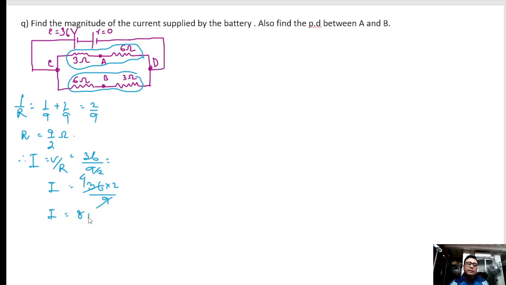So 8 ampere is the current flowing in the circuit. This is the magnitude of the current. Now they are telling what is the potential between A and B.